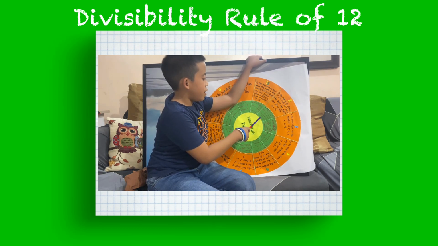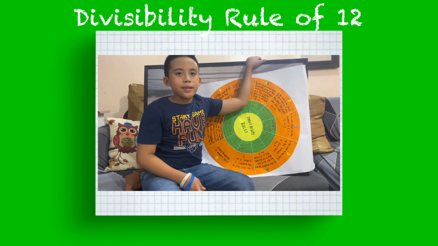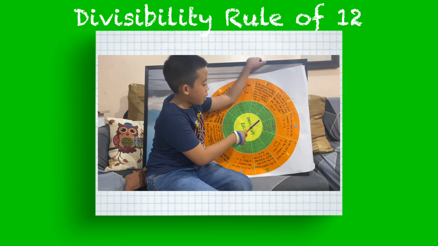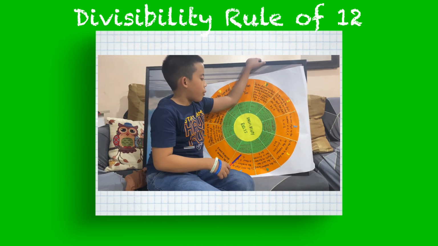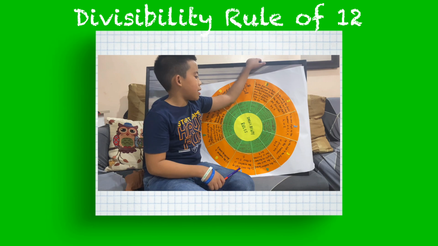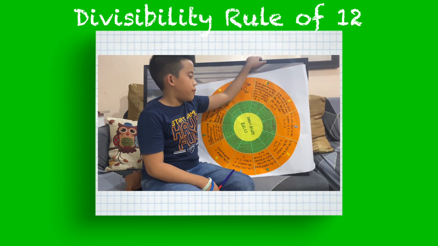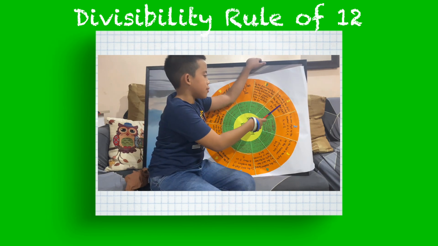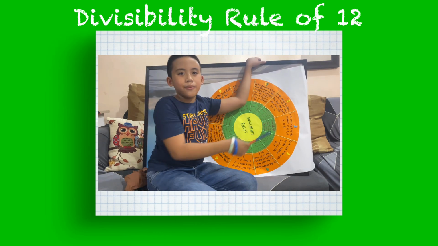Therefore, we divide 76 by 4 equals 19. And 19 is a whole number. Therefore, it is divisible by 4. Therefore, we know that 276 is both divisible by 3 and 4. Therefore, it is also divisible by 12.